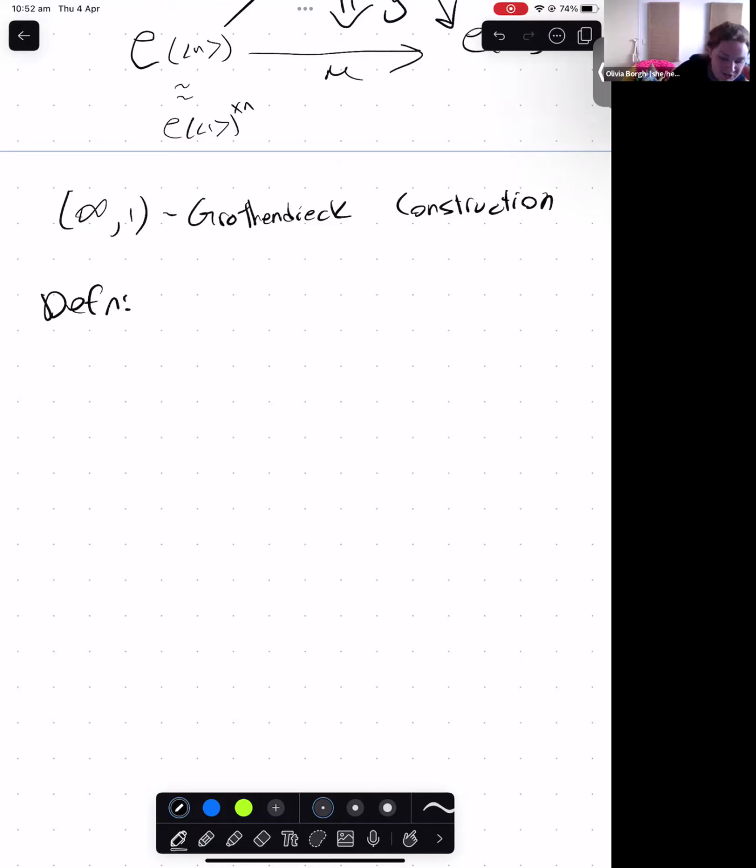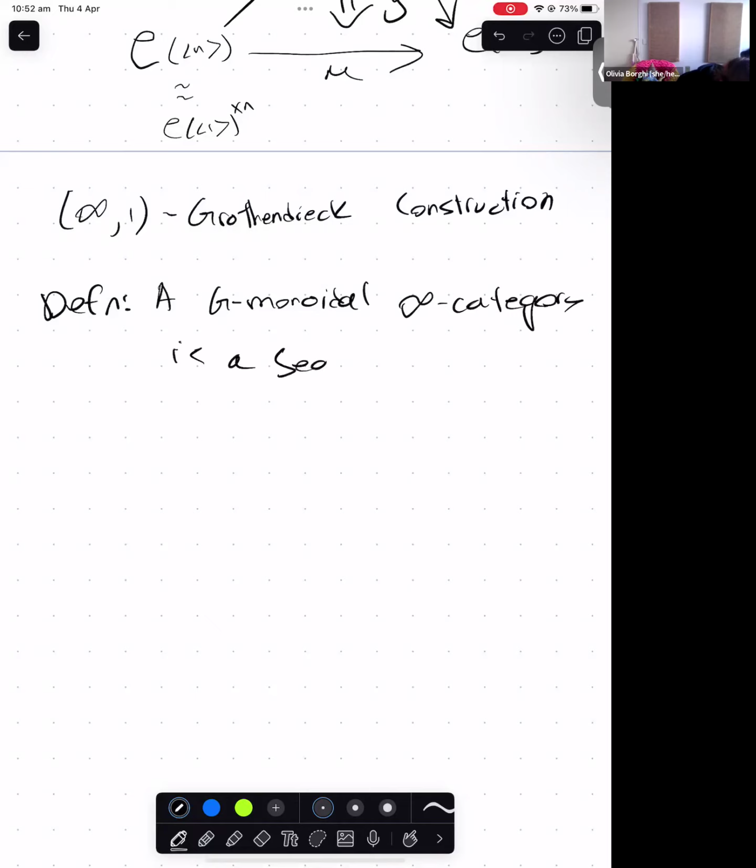And so I can say a G-monoidal infinity category is a co-Cartesian fibration over G infinity. Okay.